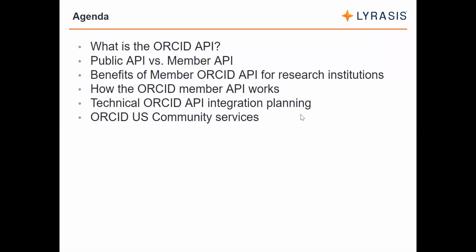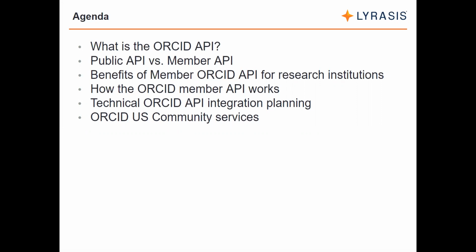Just to give you an overview of what we're going to cover, first I will talk about what the ORCID API is. I'll talk briefly about the public API and how that is different from the member API. I will talk about the benefits of the member API for research institutions, universities specifically.